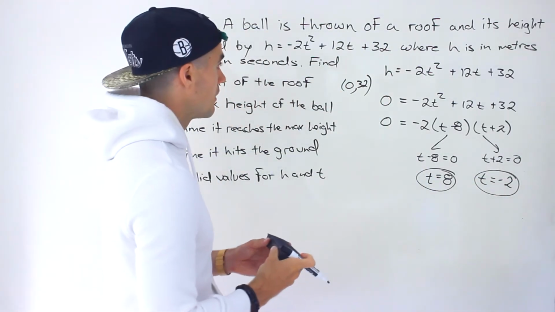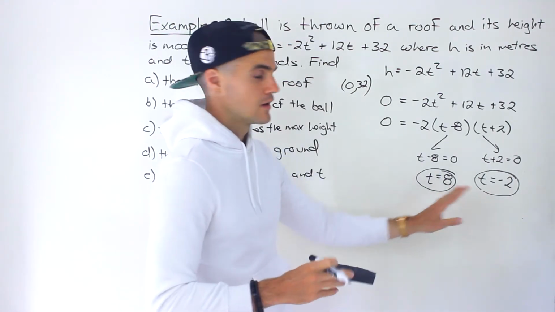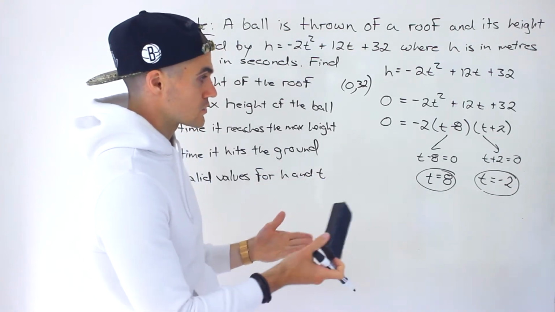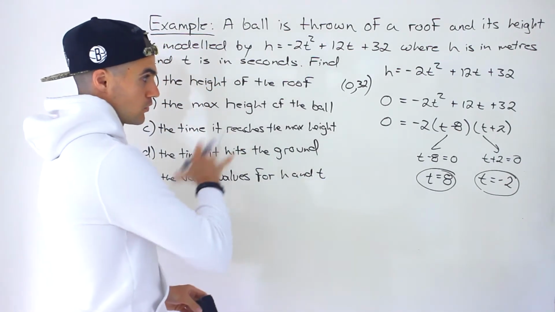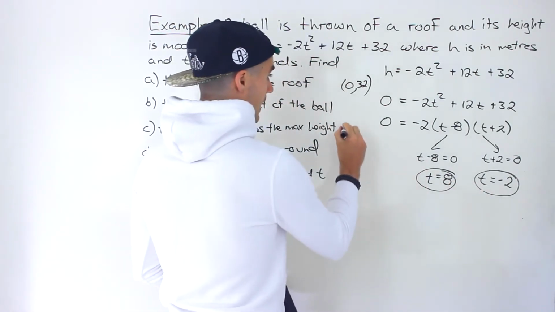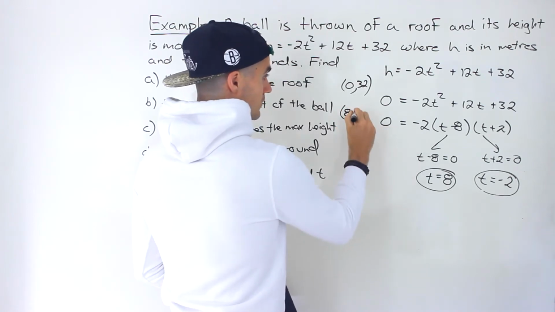Now I know that because we're dealing with a word problem, time can't be negative, but as I said, let's keep it abstract for now. Let's just draw the characteristics out, and then we'll go to the questions. So those are the two t intercepts, meaning that at those two t values, the h value is going to be 0.